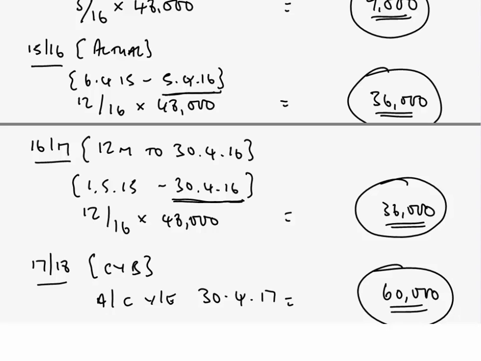A difference of £24,000 there. An extra £24,000 of profit being assessed in that second tax year.